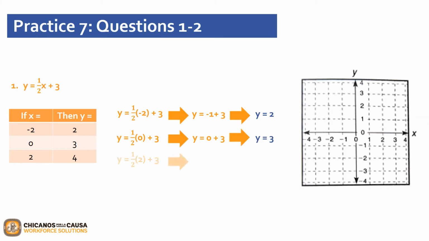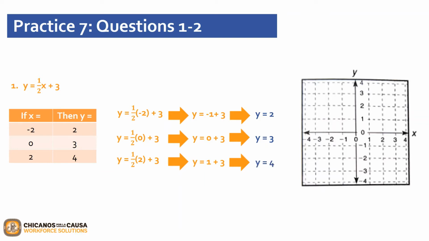And finally, y equals 1/2 times 2 plus 3, which gives us y equals 1 plus 3. Because remember, if we're multiplying 1/2 times 2, that means it's 2 over 2. So that's always 1. A whole number above itself is always 1. Therefore, our last y coordinate is 4.